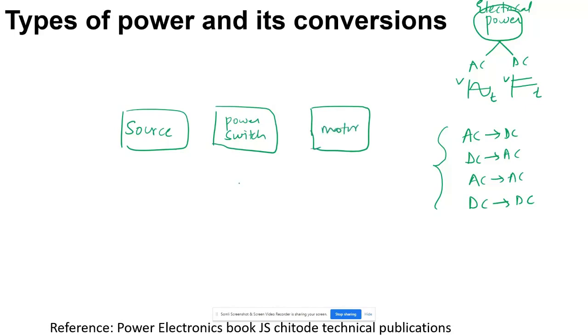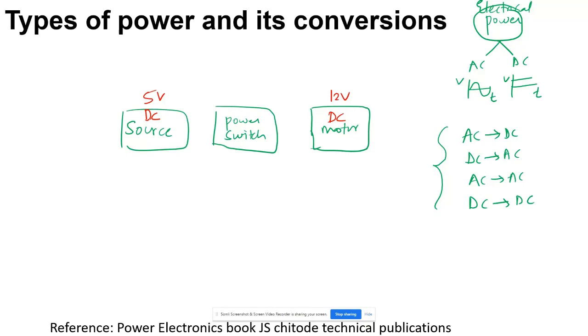So now what we are telling is, this power switch is modeled in such a way that, let us say this motor is a DC motor and this source is DC, but the amount of power that it needs is not up to that level. Let us say the source has 5 volts and it needs 12 volts. So this is an unmatched source.